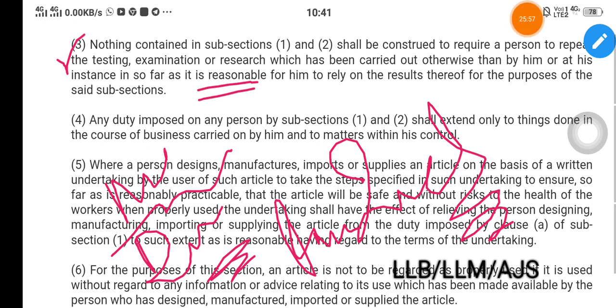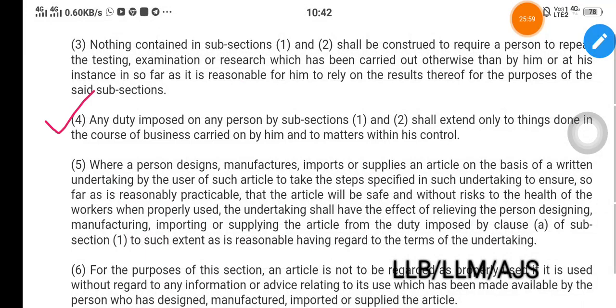Then comes subsection 4. Any duty imposed on any person by subsection 1 and 2 shall extend only to things done in the course of business carried on by him and to matters within his control.